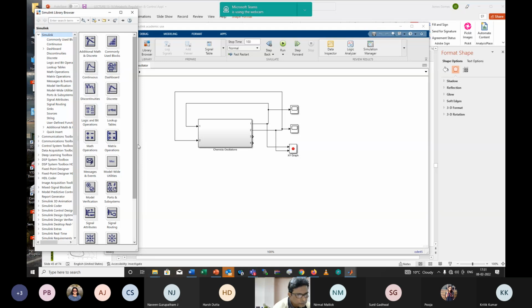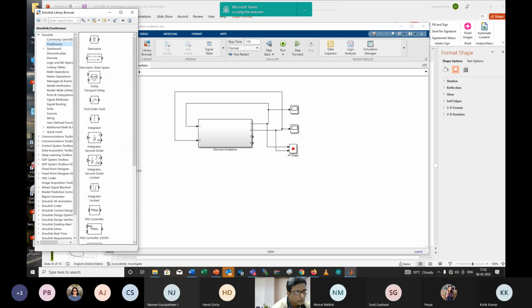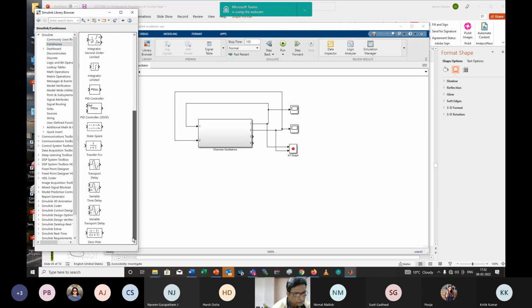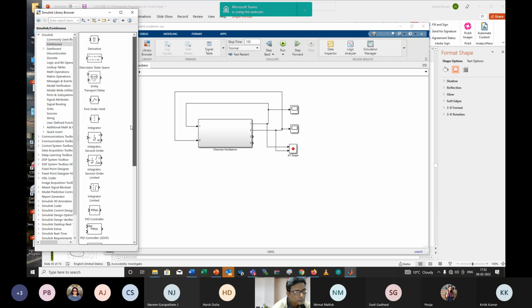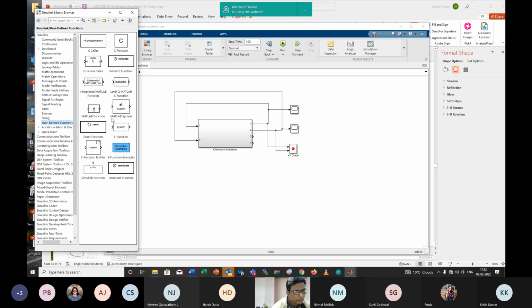And if I go into, I think, continuous blocks, if I'm not mistaken. User driven function. So what I've used is this one is system.